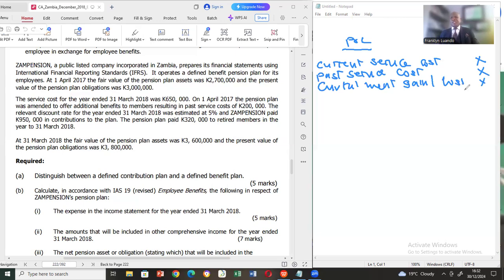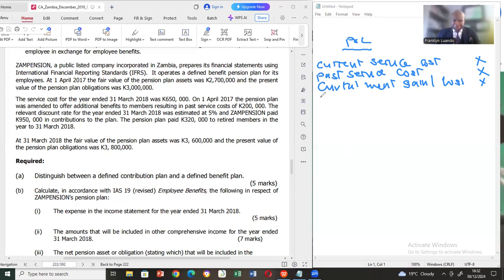A curtailment gain or loss will occur when there is a substantial reduction in the pension membership that could be due to closure of a plant or due to redundancies, and the members opt to be paid what they have contributed. That would result in either a gain or a loss.